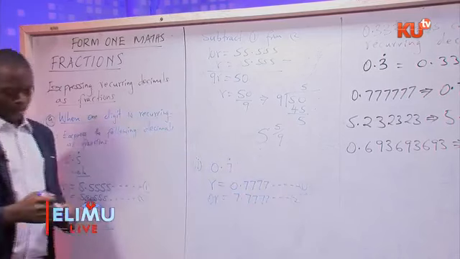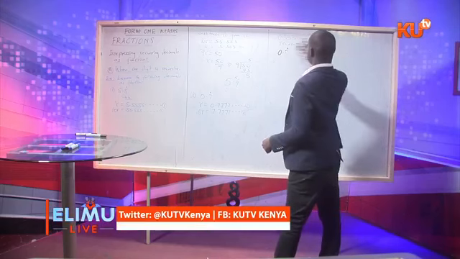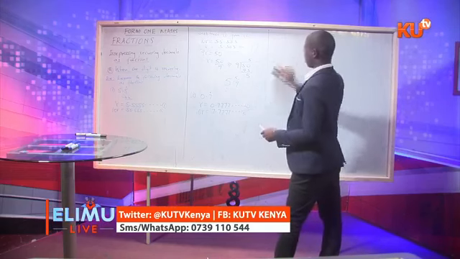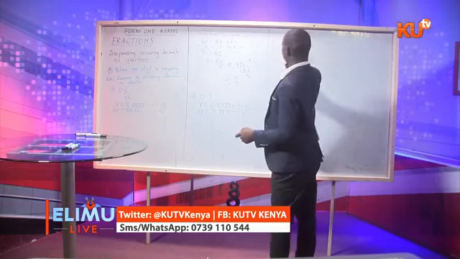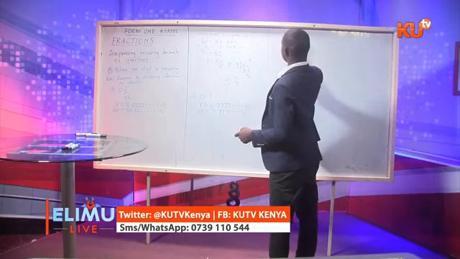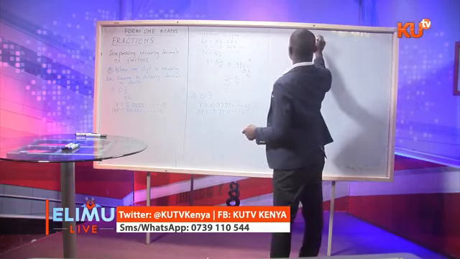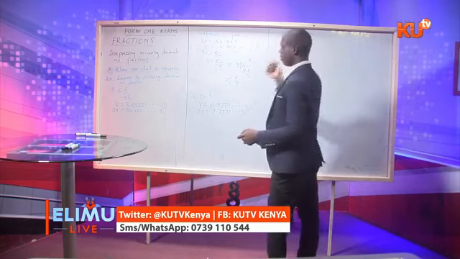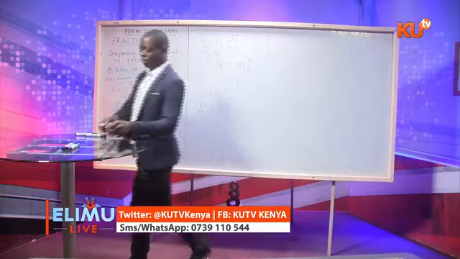And what we do is we subtract equation number 1 from equation number 2. So that is 1 from 2. We subtract equation 1 from equation 2.